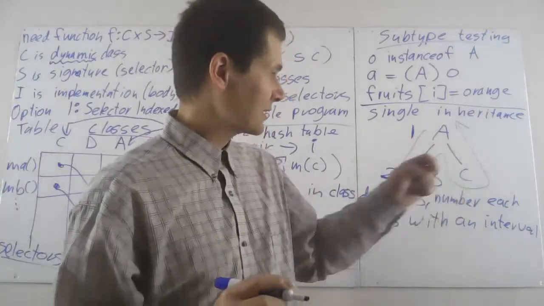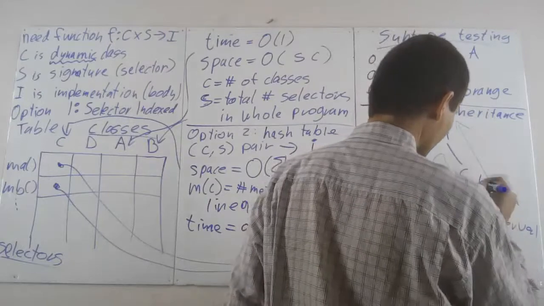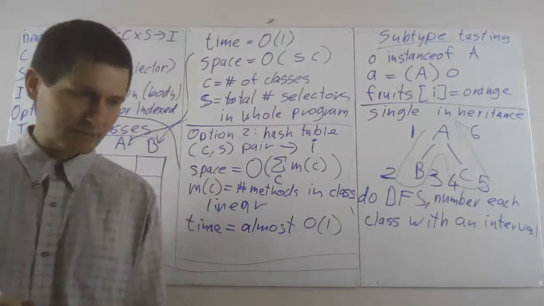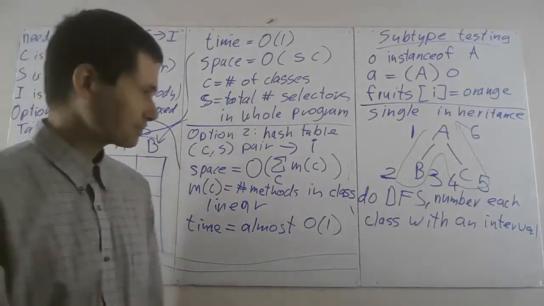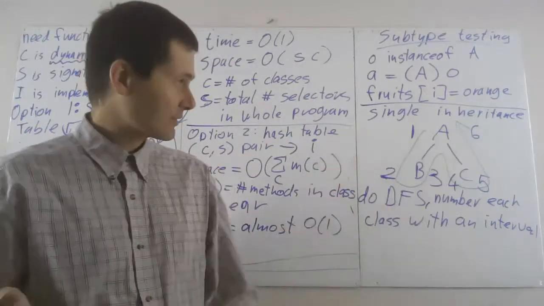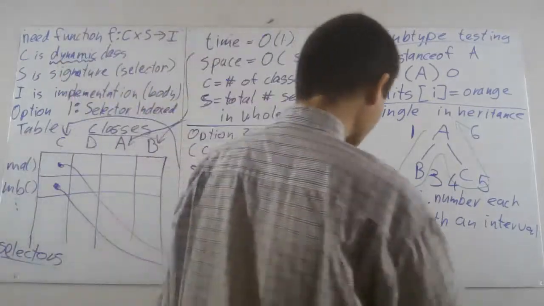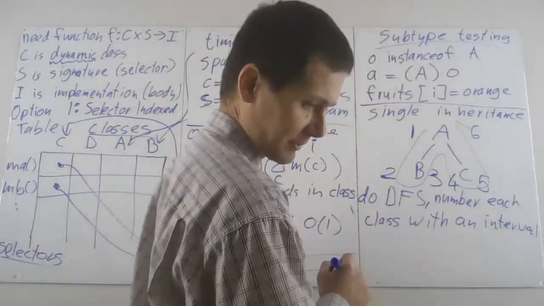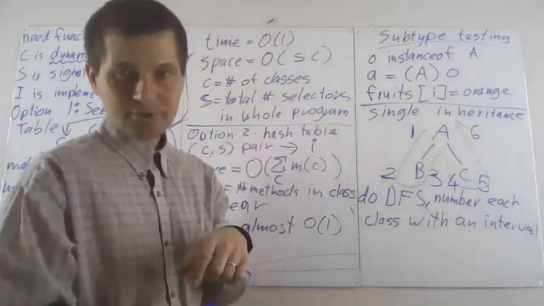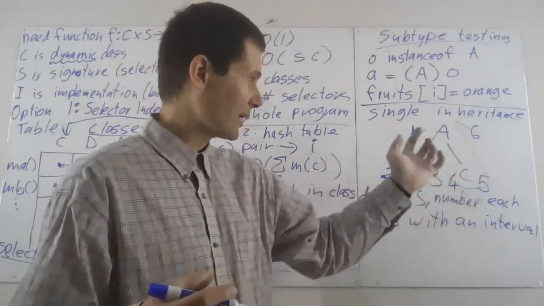Then next I start visiting C, and I give it a starting number 4 and a finishing number 5. And finally, A gets a finishing number 6. And so I do this traversal of my inheritance hierarchy at compile time. After I've done this, I encode with each class its two numbers. So in the generated code, I just have to put these numbers like 2, 3, or 4, 5, or 1, 6.